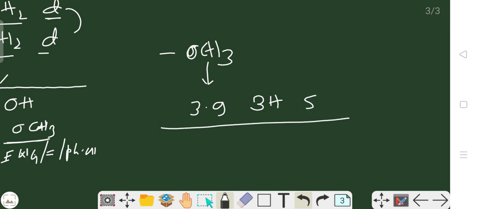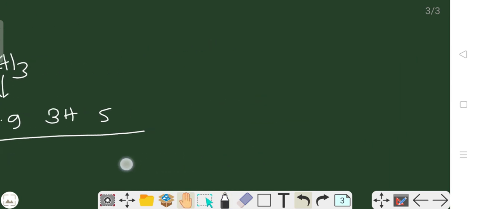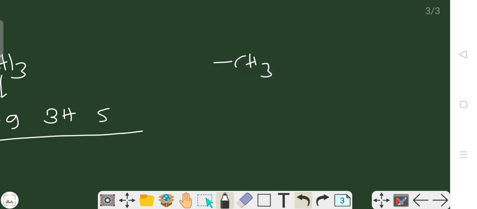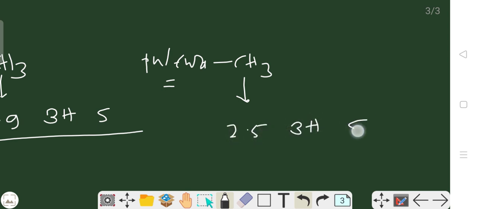Okay, and the next one, another structure is given, that is CH3. So here, when this CH3 is attached to either a phenyl ring, an electron withdrawing group, or simply a double bond, it appears in the region of 2.5, and again it is due to 3 hydrogens and a singlet.